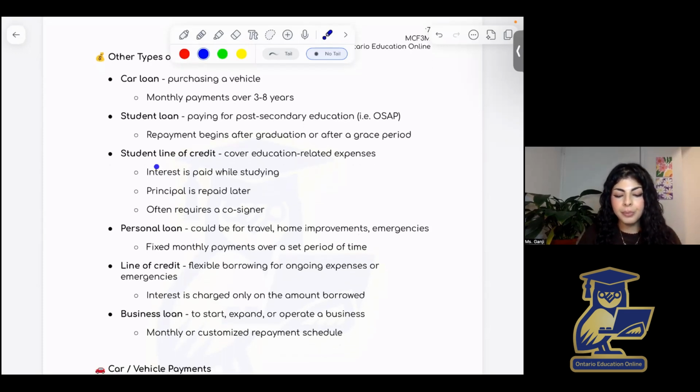Next, we have line of credit, which here is the student line of credit or just the regular line of credit. But these are typically smaller loans that are given to you by the bank, and you can choose to spend it, or you can just choose to open a line of credit to have it as part of your credit history. So remember when you have credit cards, you have credit scores.